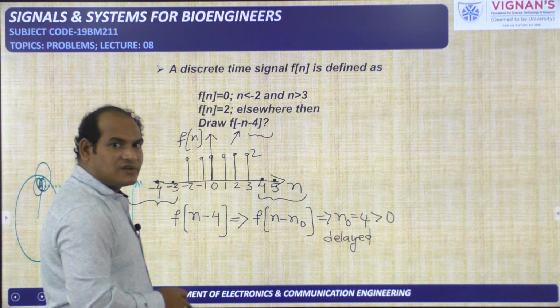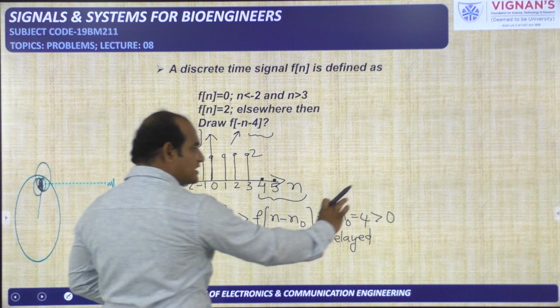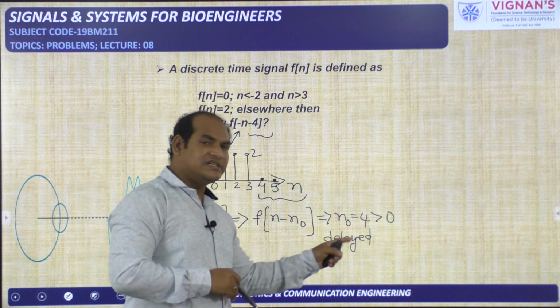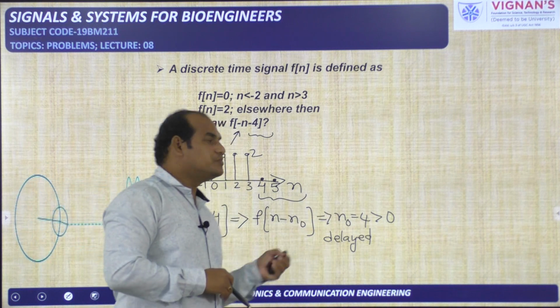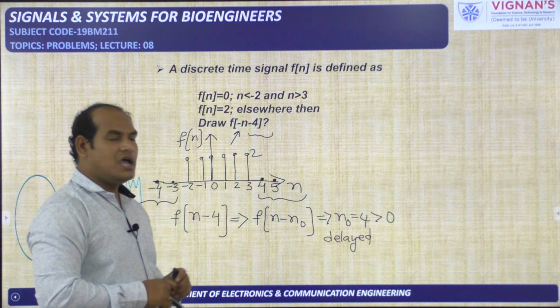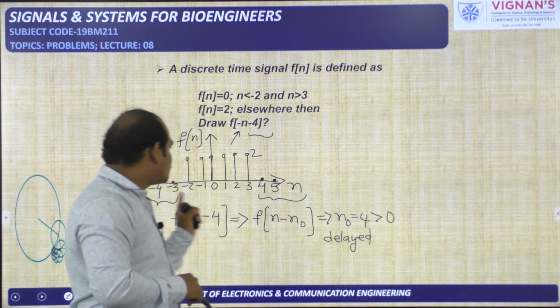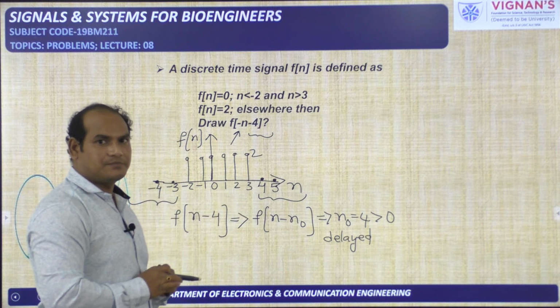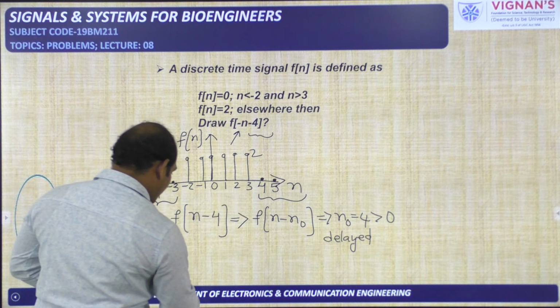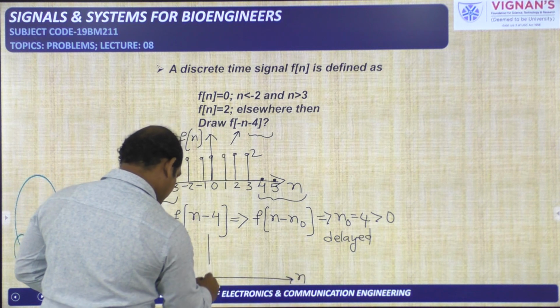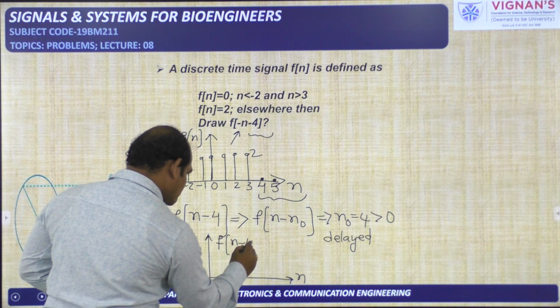So how to get that? After identification of the t naught value in continuous time, that t naught should be added to the time axis. Similarly, after identification of the n naught value, that n naught value should be added to the time axis. Everything is the same. So now I am going to draw f of n minus 4.